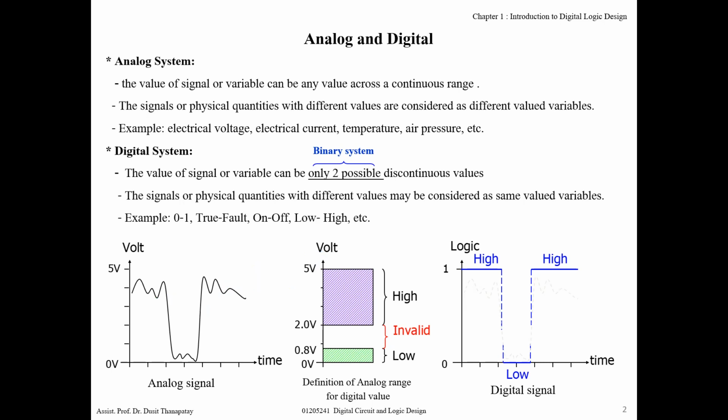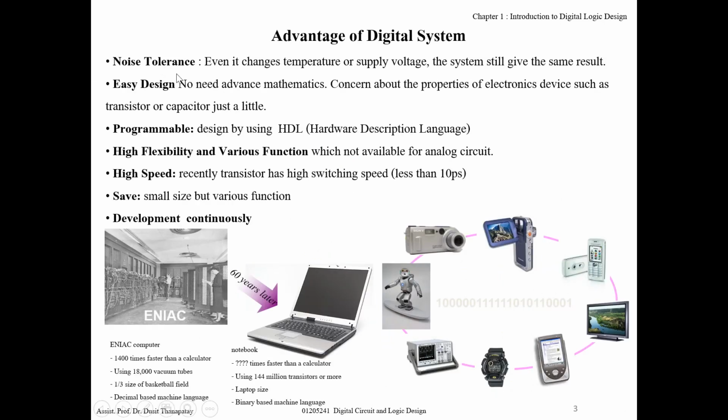So digital has good noise tolerance, and a digital system is easy to design. Use just simple mathematics, no integration, no differentiation. It's very easy, programmable, and flexible. High speed, safe, small size, but it can do various functions.